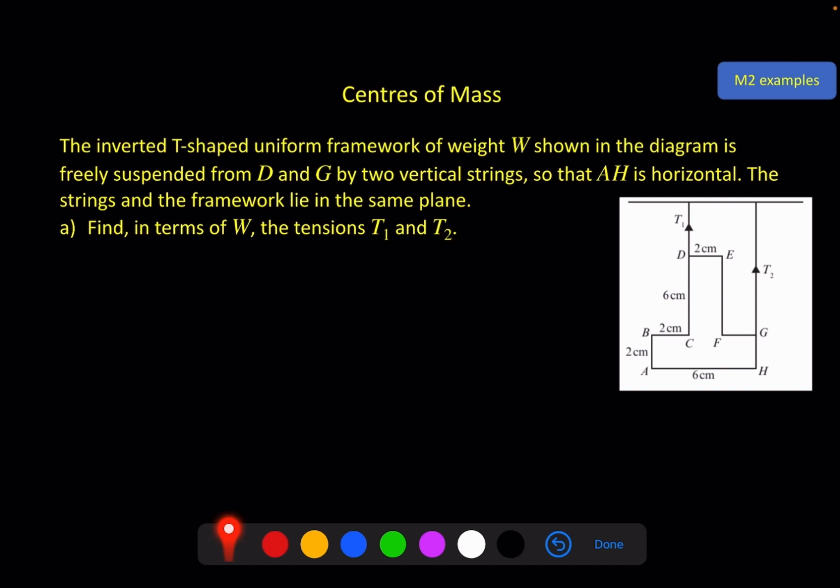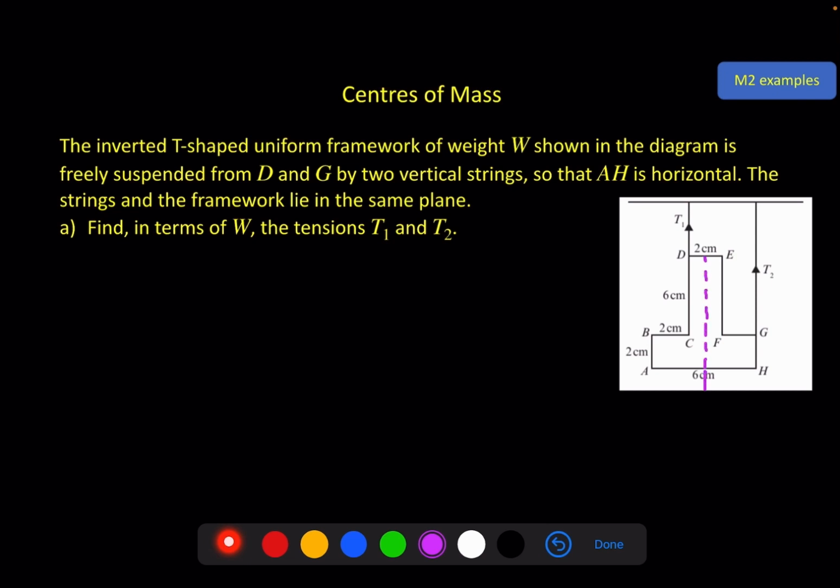Find in terms of W the tensions T1 and T2. Okay, the first thing to notice about this is that it is nicely symmetrical. So the center of mass must lie somewhere along this line of symmetry here.